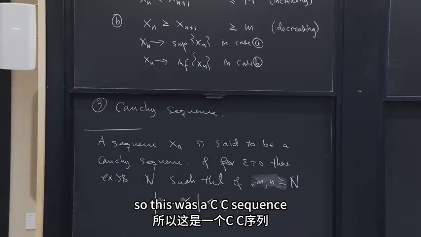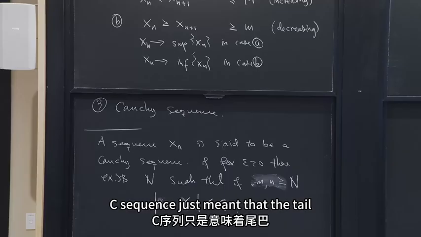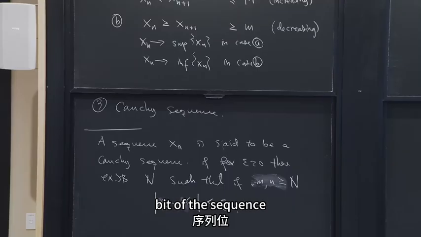So this was a Cauchy sequence, and it just meant that the tail of the sequence runs together.